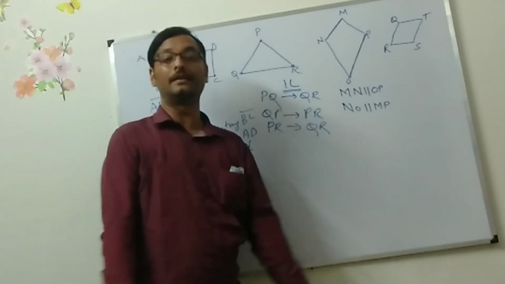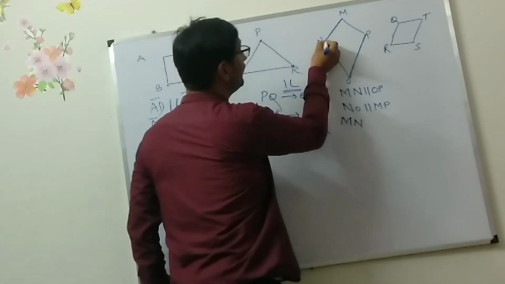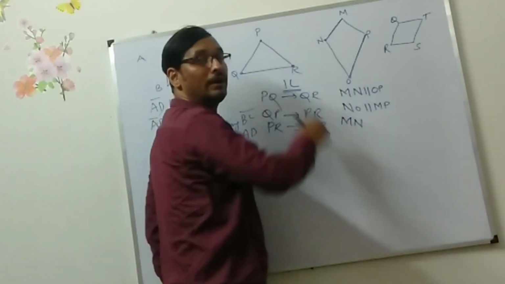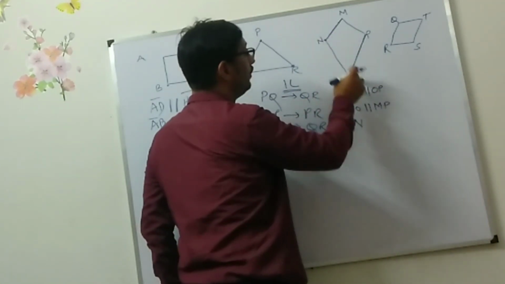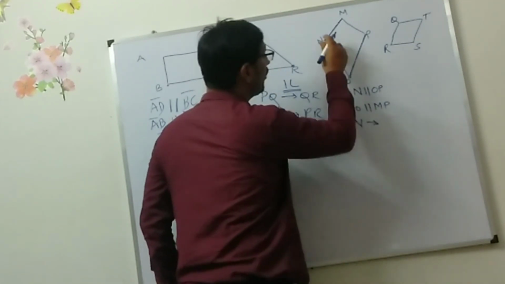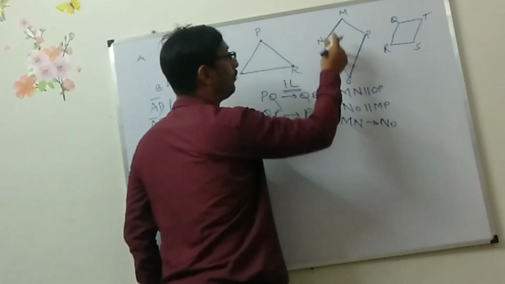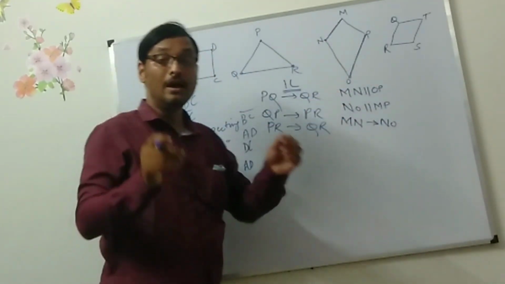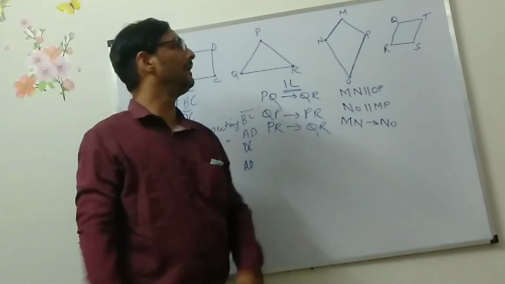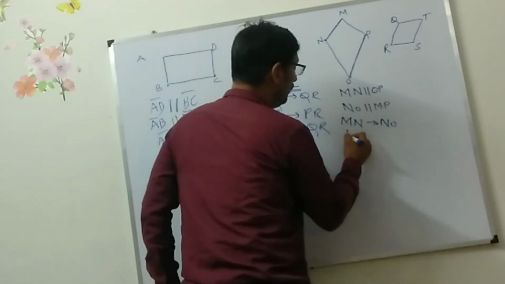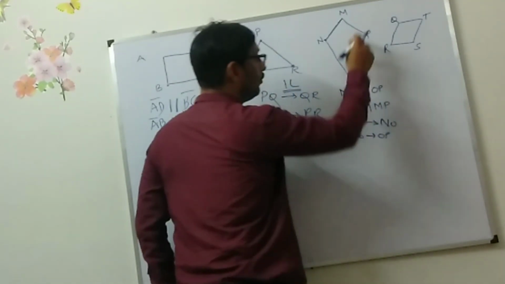Now I need to find out intersecting lines. With respect to MN, at this point, which line is joining? Which line is having a common point with this N? NO. NO is having a common point with MN. So N is the point where MN and NO are meeting. So MN and NO are intersecting lines. With NO, at this point, OP is joining.